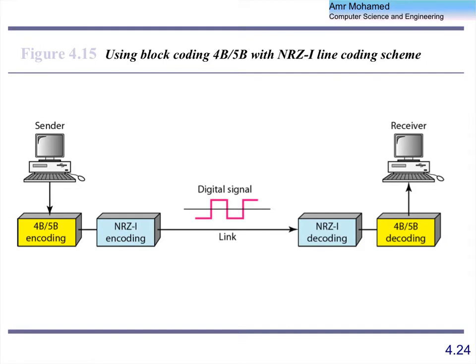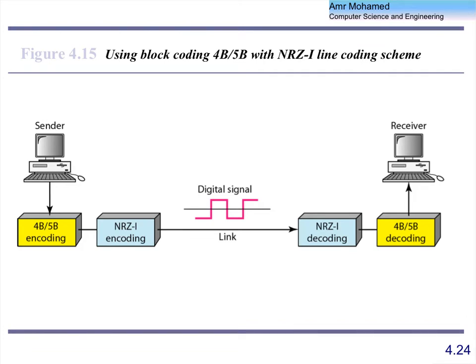And the 5 bits will have some alternation. So when we do this, then we can apply the non-return to 0, and we're comfortable that we have enough alternations that we will never have straight zeros or straight ones. So by doing the block coding before the non-return to 0, we can enhance, not perfectly, but we can enhance the self-synchronization feature of the non-return to 0.